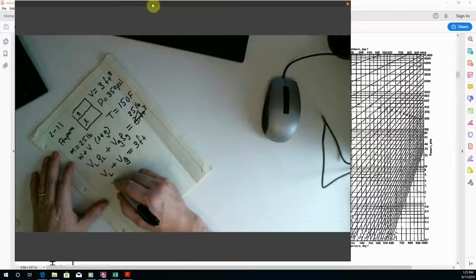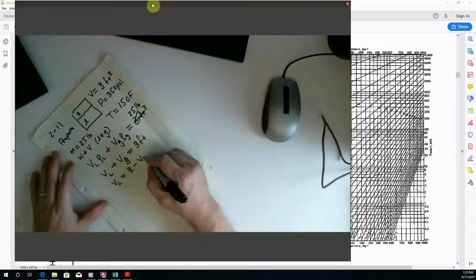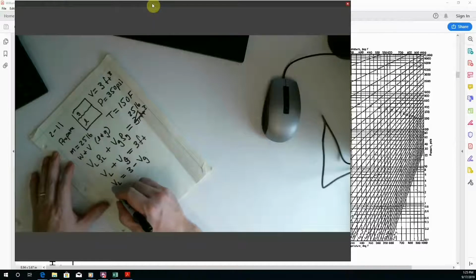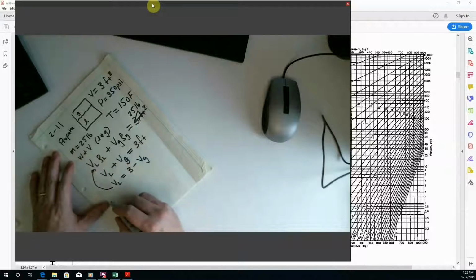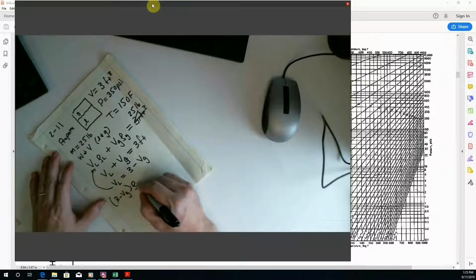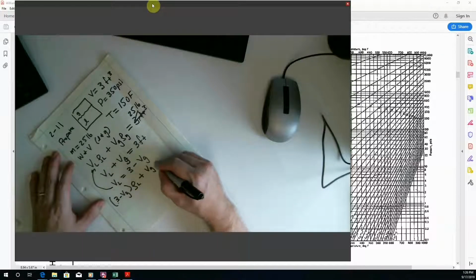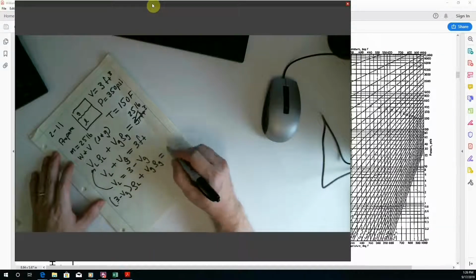So we already know this, and we need to solve these equations. We can pick one. Let's say volume liquid equals 3 minus volume gas. And we can substitute that into this equation. So then we would have 3 minus volume of gas times density liquid plus volume gas times density gas equals 25.